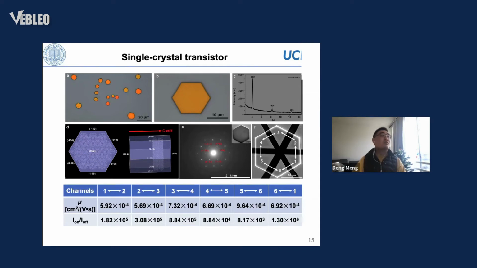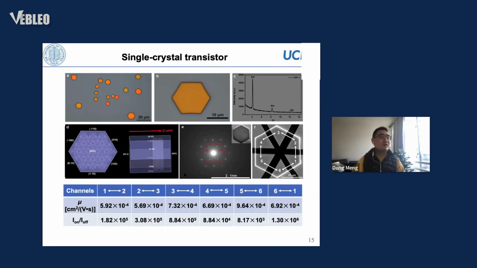So we made single-crystal transistors. These are micro crystals, and we also did some characterizations to see that the micro crystals have the same lattice as the single crystals. We also made the OFET device, and we investigated the mobilities along different orientations.